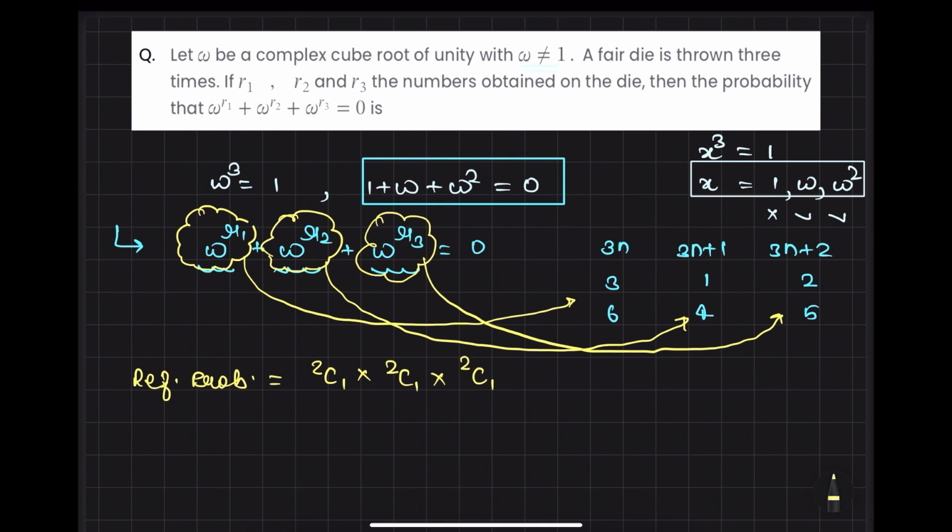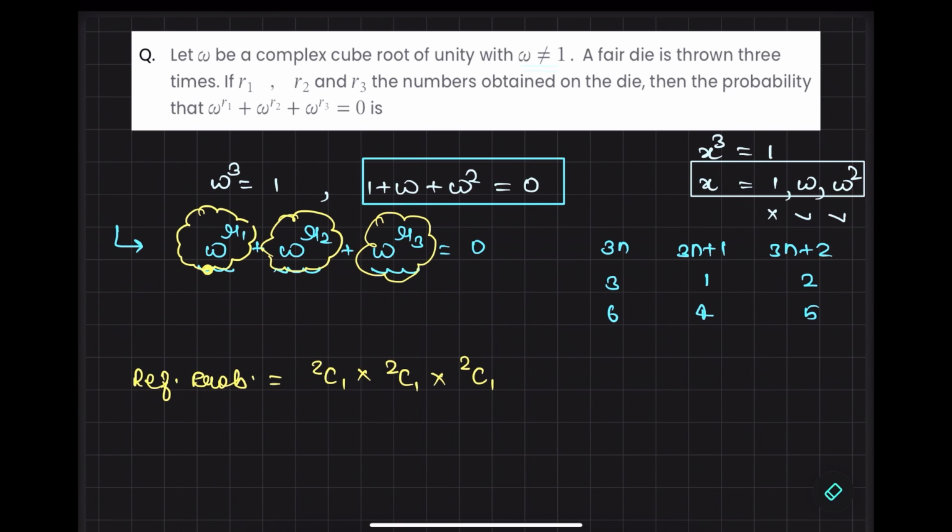Now, you know that it is not necessarily true that this person will consume only 3 or 6. It can consume 1 and 4 as well. It can consume 2 and 5 as well. So for this person, we have three choices. It can go with a 3n type number, or a 3n plus 1 type number, or a 3n plus 2 type number.